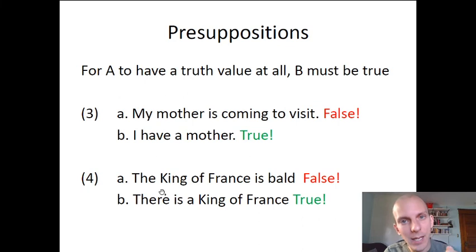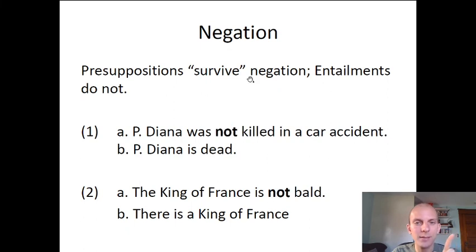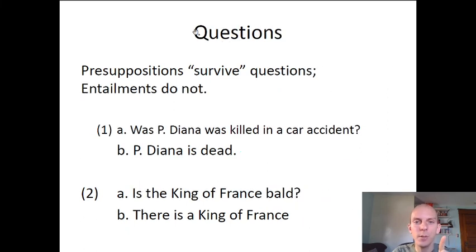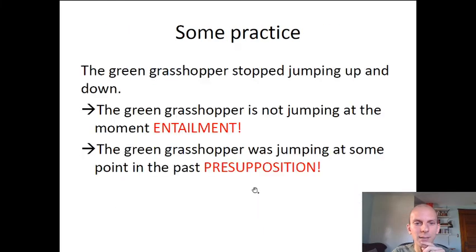But at the end of the day, don't rely on your intuitions. Do your tests. Do your negation test and your question test and see how the truth condition of B changes. That's what we're after. We did some practice.